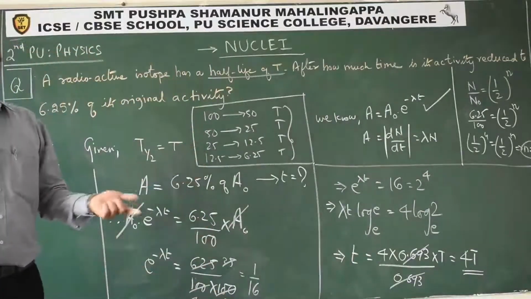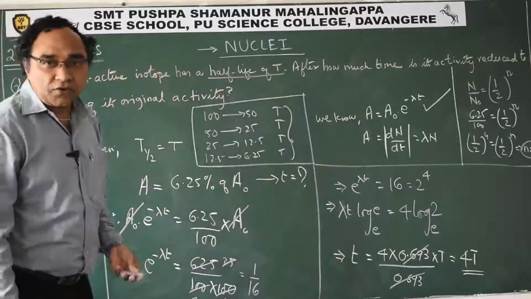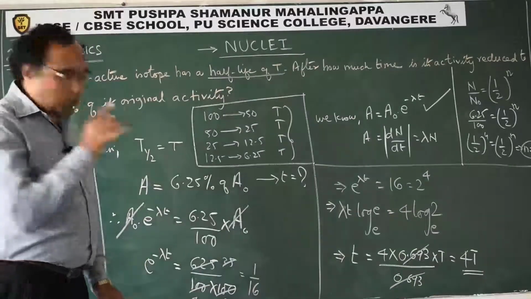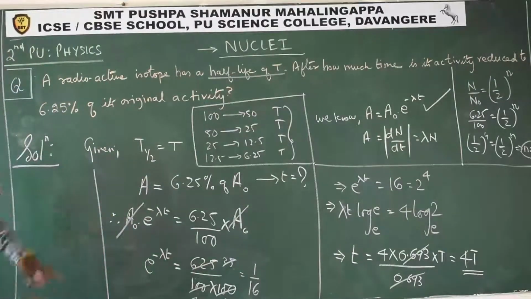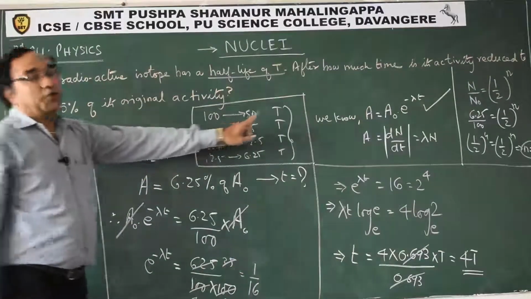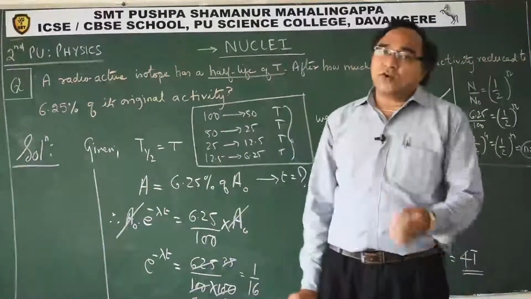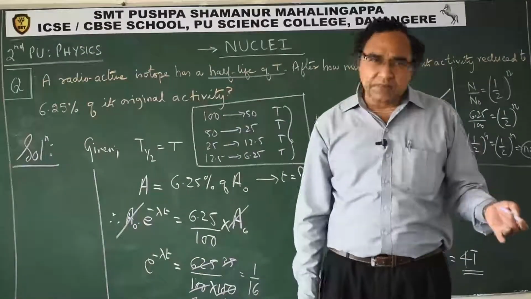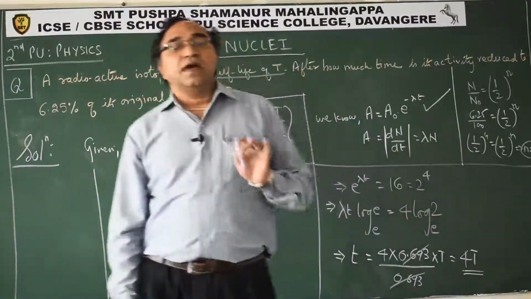Any method you can use, you have to see which method you are comfortable with. It is not that the question can be solved by only one equation. You have this method, you have this method, you have this method also. So please understand, you can solve by any method, you will get the same answer. Methods being different doesn't mean answers will be different. The answer will be one.